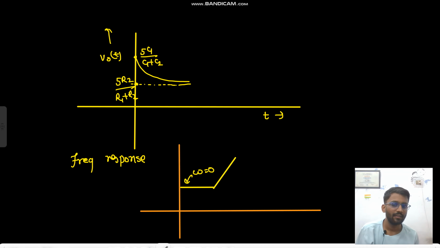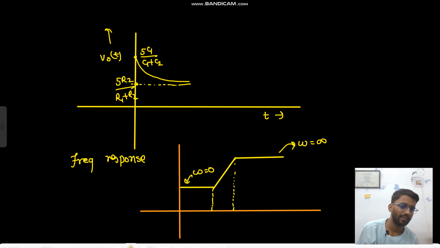First you need to have a 0 here, then you need to have a pole, so that the graph can go up. This is the gain at omega equals infinity. This is plus 20 dB per decade, and this is 0 dB per decade.